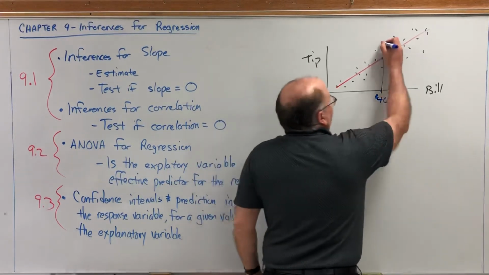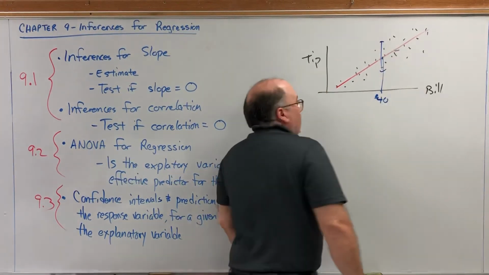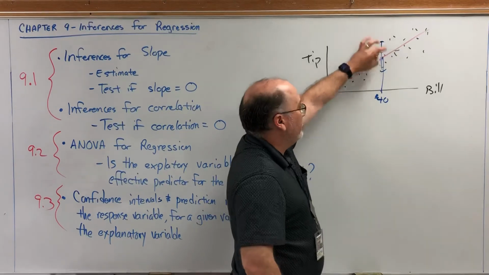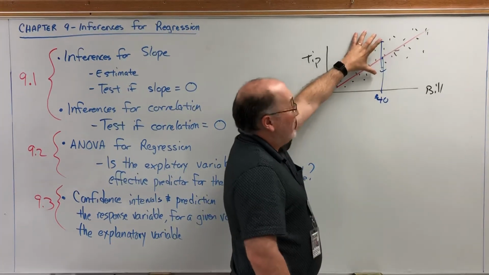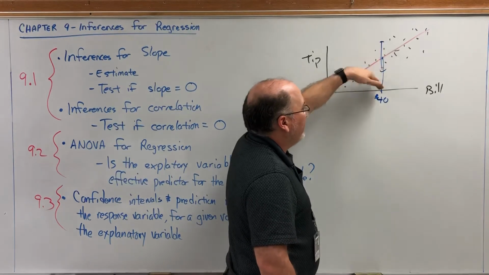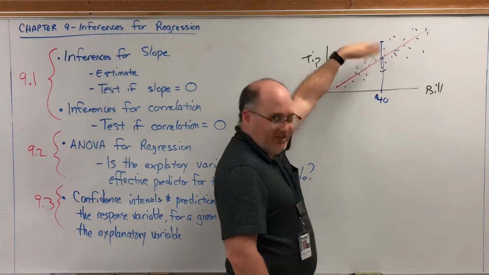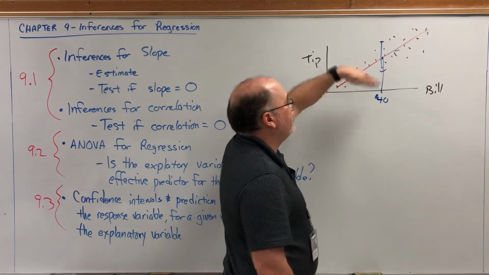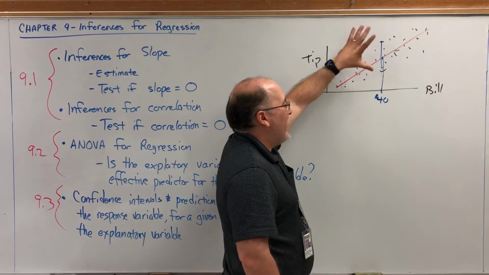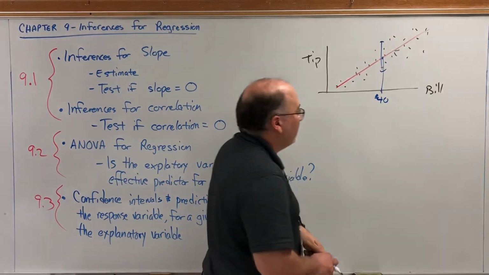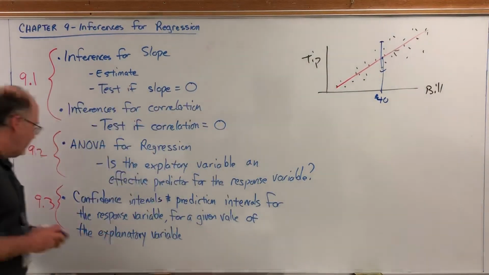Basically, your prediction interval says, go set up an interval that'll capture a certain percent of the actual values we would see here. In other words, set up an interval that contains 95% of the expected tip values, as opposed to set up an interval that's going to capture the expected average tip value. But we'll get into more details when we get into 9.3.